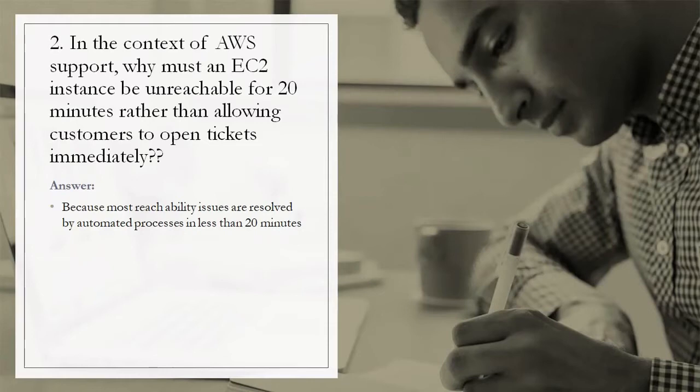Explanation: an EC2 instance must be unreachable for 20 minutes before opening a ticket because most reachability issues are resolved by automated processes in less than 20 minutes and will not require any action on the part of the customer. If the instance is still unreachable after this time frame has passed, then we should open a case with support.